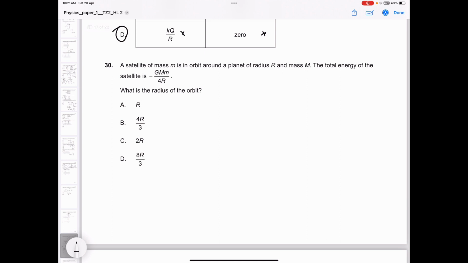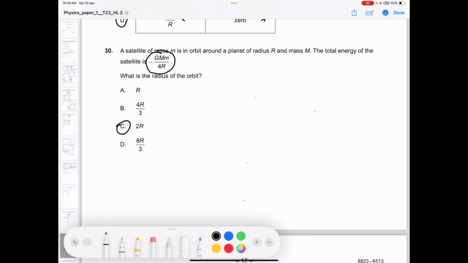Number 30. So you have a satellite of mass m in orbit around a planet of radius R and mass M. The total energy is given as minus GMm over 4R. So what's the radius of the orbit?